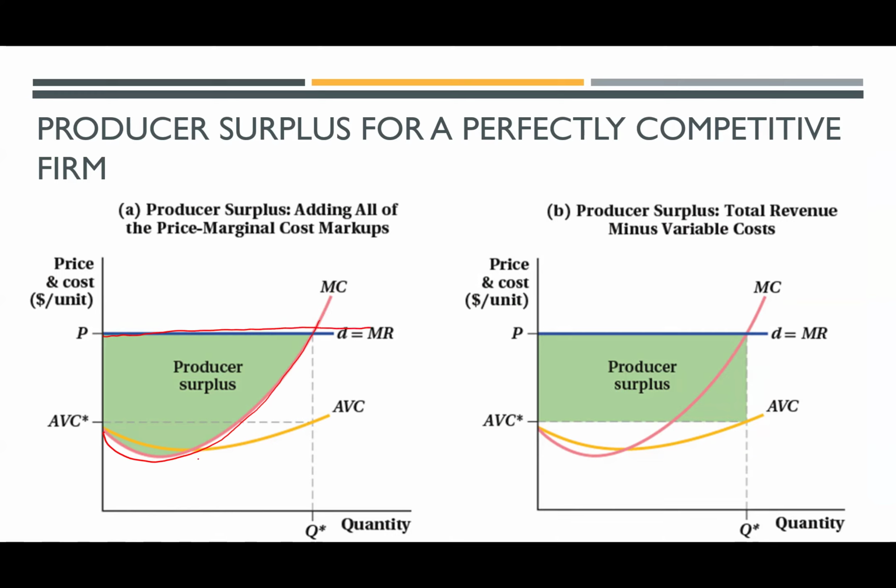Our left-hand side graph, though, that's difficult to calculate. So we can actually identify producer surplus using average variable costs instead. And that allows us to have a much simpler calculation, which is that of an area of a rectangle.